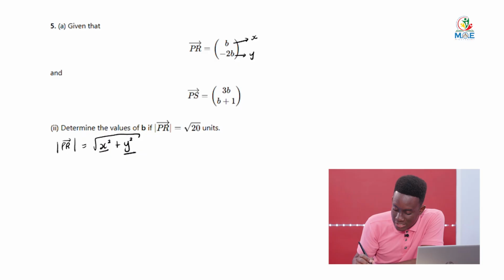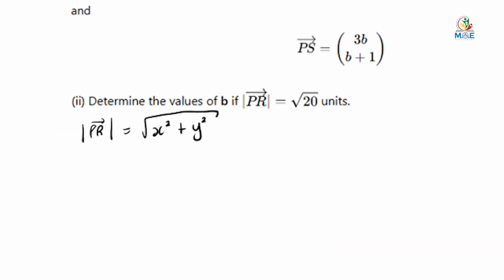So we replace: the square root of 20 is equal to the square root of b squared plus negative 2b squared.